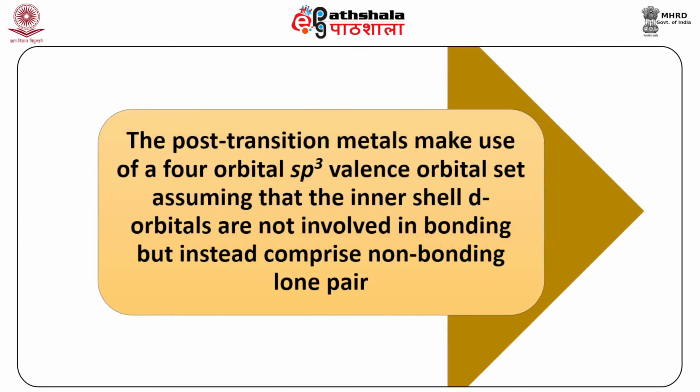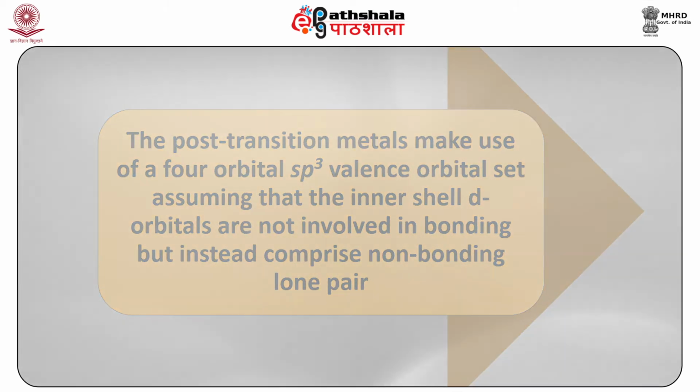Third point, the post-transition metals make use of a 4-orbital sp3 valence orbital set, assuming that the inner shell d orbitals are not involved in bonding but instead comprise non-bonding lone pairs of electrons.